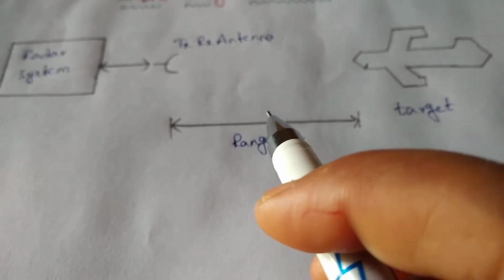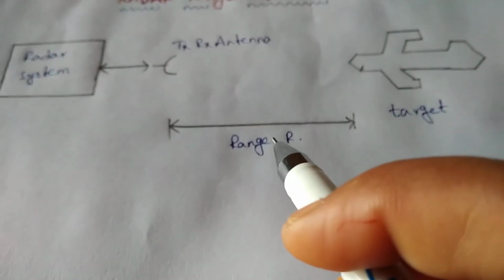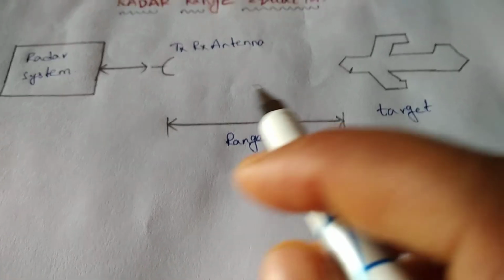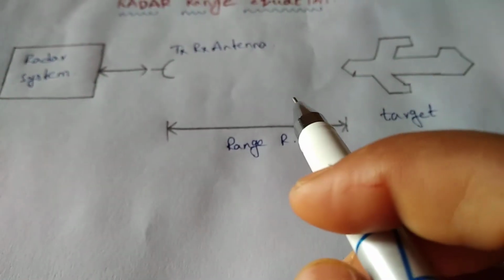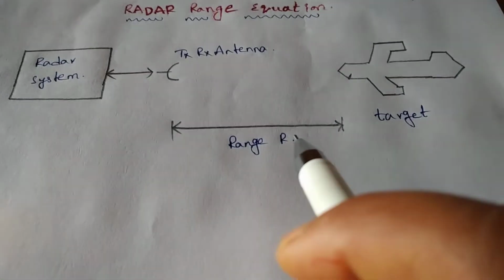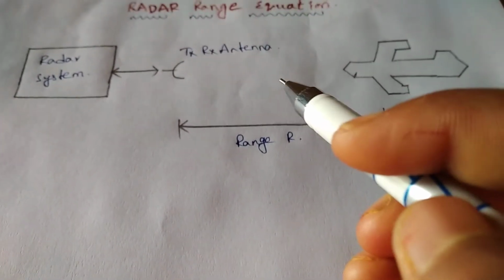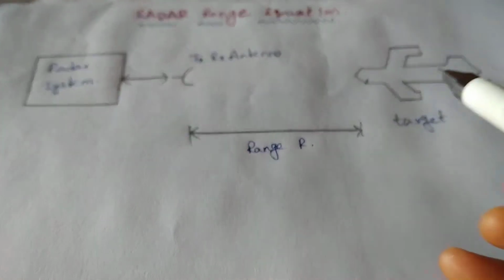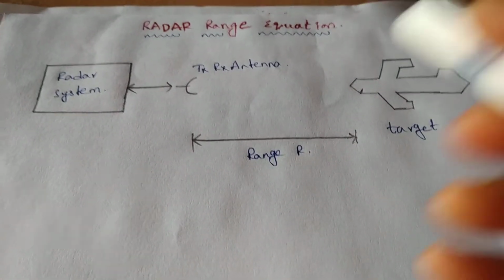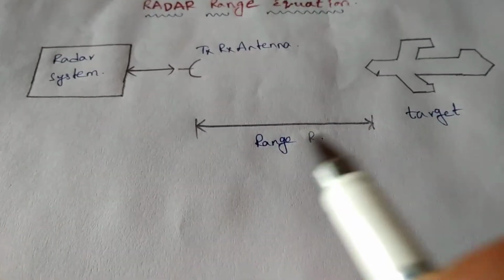If this radar system is transmitting a signal, and that signal travels up to distance R, this is how the signal is transmitted towards the target. So what will be the power density of the isotropic source?